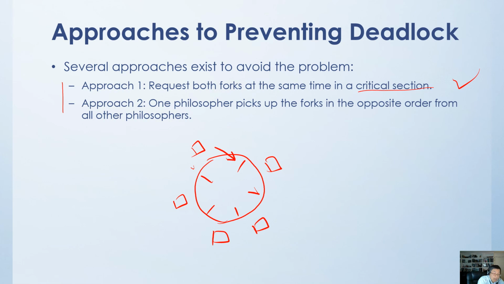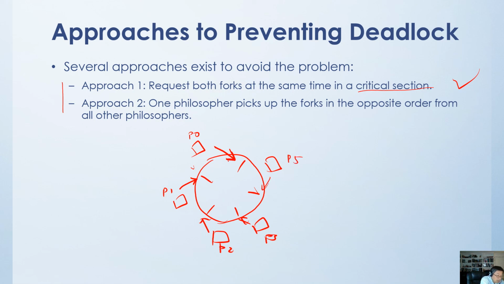Deadlock happens when all 5 philosophers try to eat at the same time. P0 tries to eat and picks up the left fork, and P1 also picks up the left fork, and P2, and P3, and so on, up to the last philosopher.